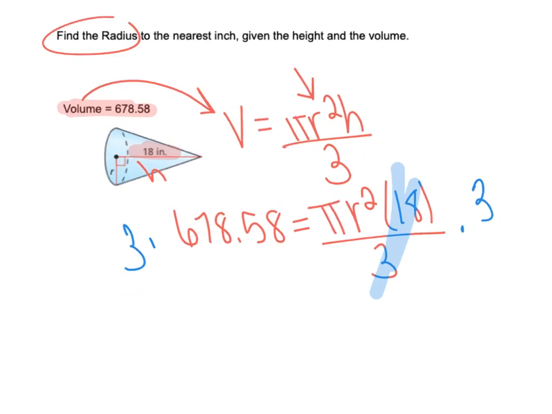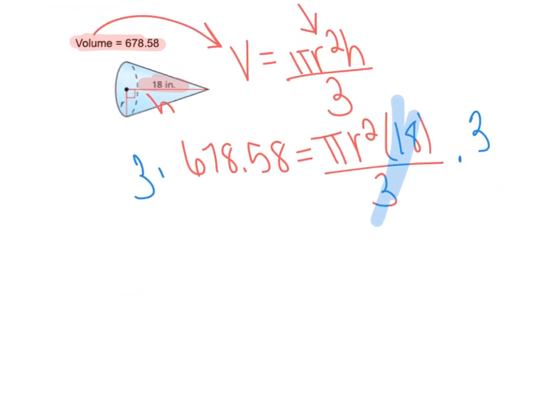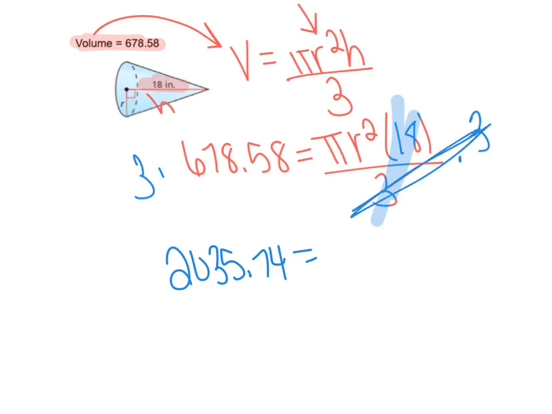When I do that, I get 2,035.74 equals, now I don't have that 3 there anymore, 18 pi r squared.